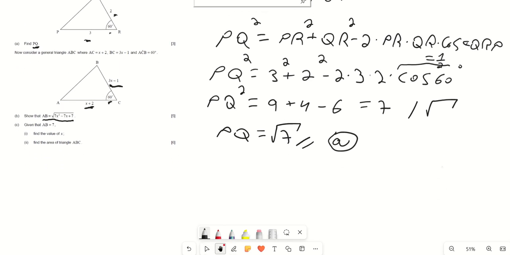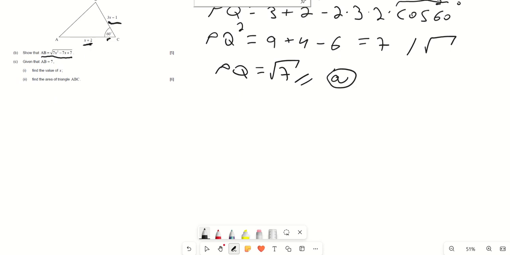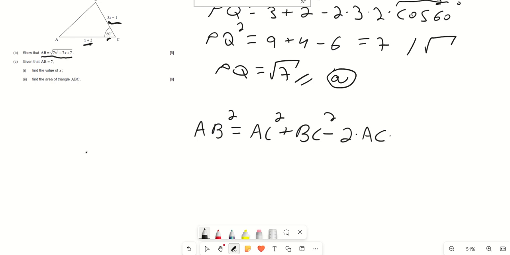So I'm going to write the cosine rule again for this triangle, and I write it: AB square equals AC square plus BC square minus 2 times AC times BC times cosine of the angle ACB. Now I put values.